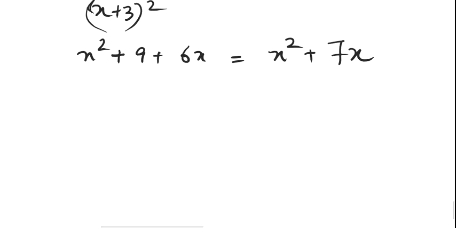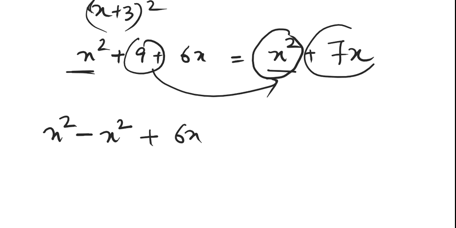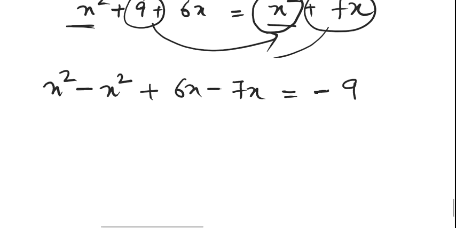Clear? Now we will bring everything here and take the 9 there. Minus x square, plus 6x, plus 7x coming here, it will become minus 7x equals plus 9 going there, it will become minus 9.